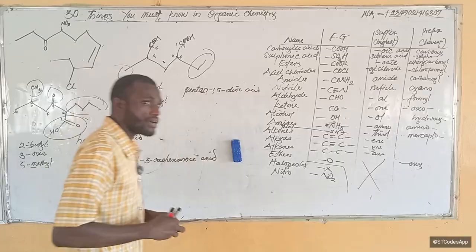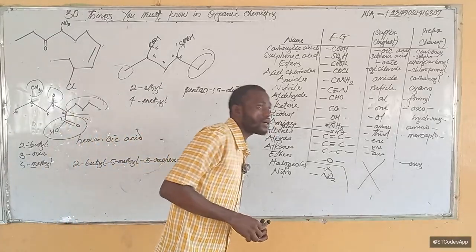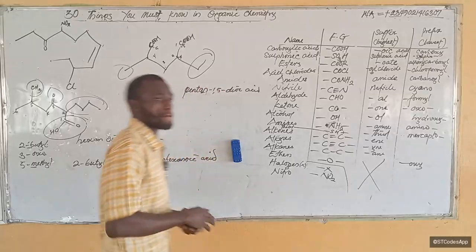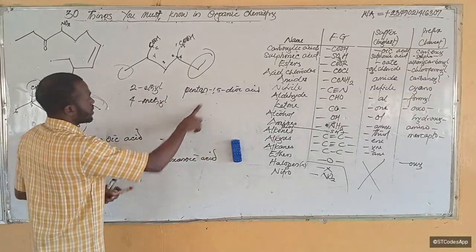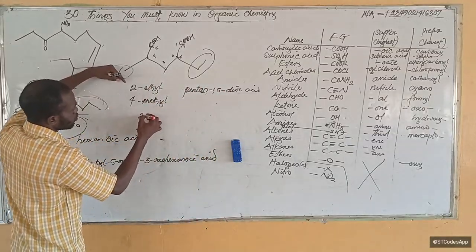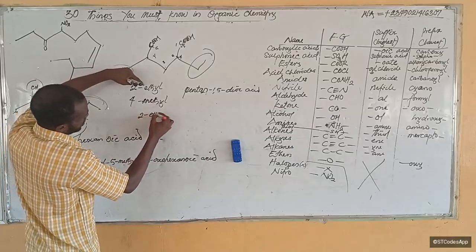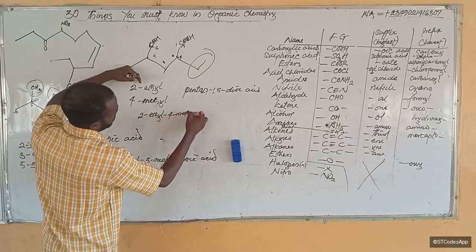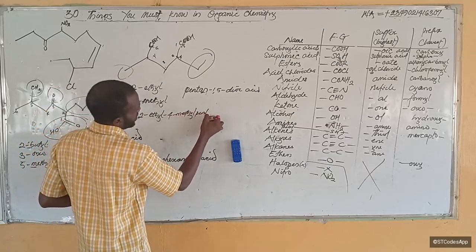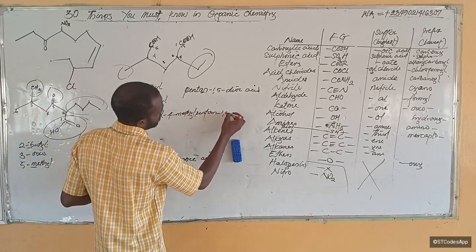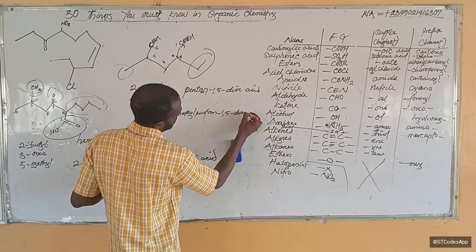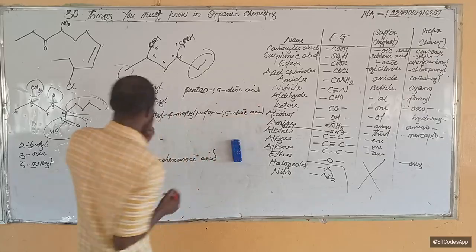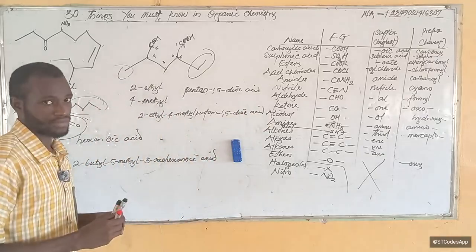Is that clear now? So the name becomes 2-ethyl, since E comes before M, then 4-methyl, pentane-1,5-dioic acid. Alright, is this clear now?